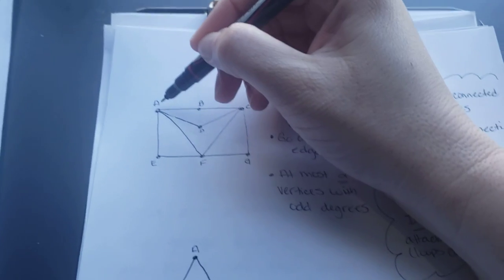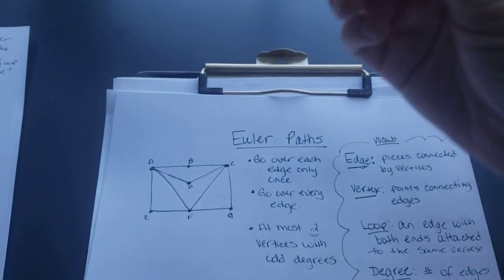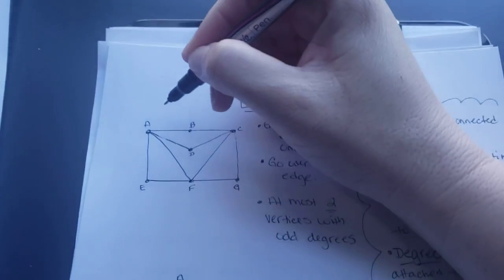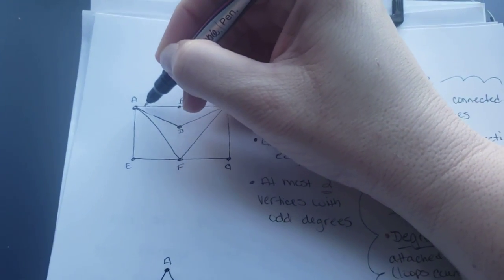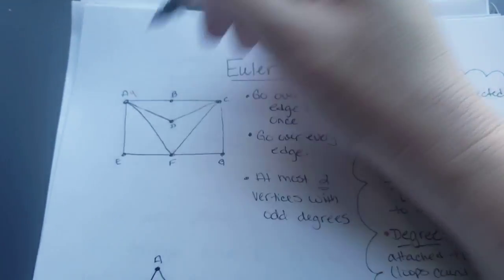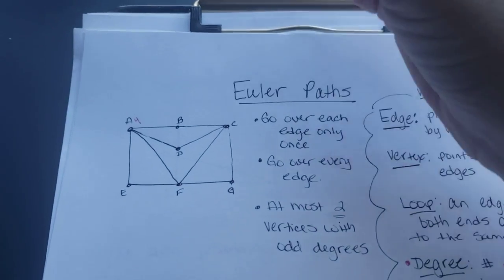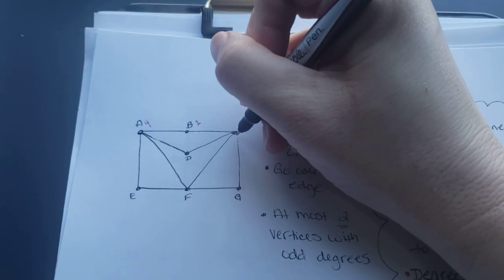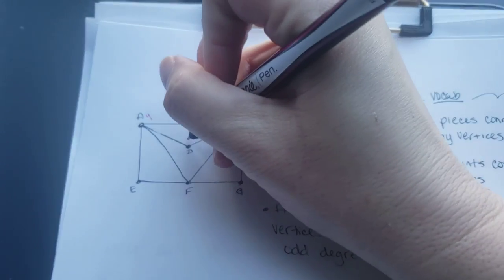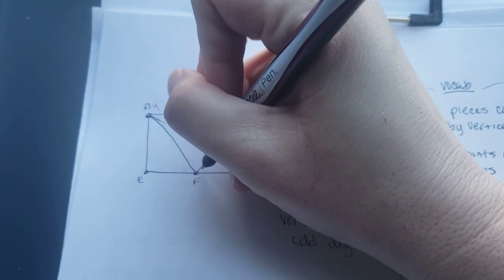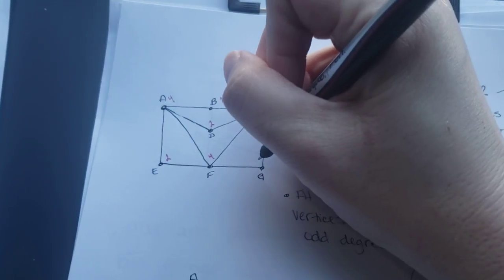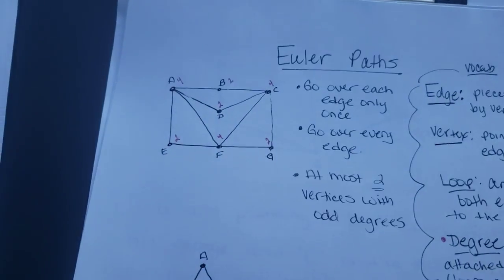So I'm going to write down the degrees first. A has 1, 2, 3, 4 edges going into that vertex. B has 2. C has 4. D has 2. F has 4. E has 2, and G has 2.